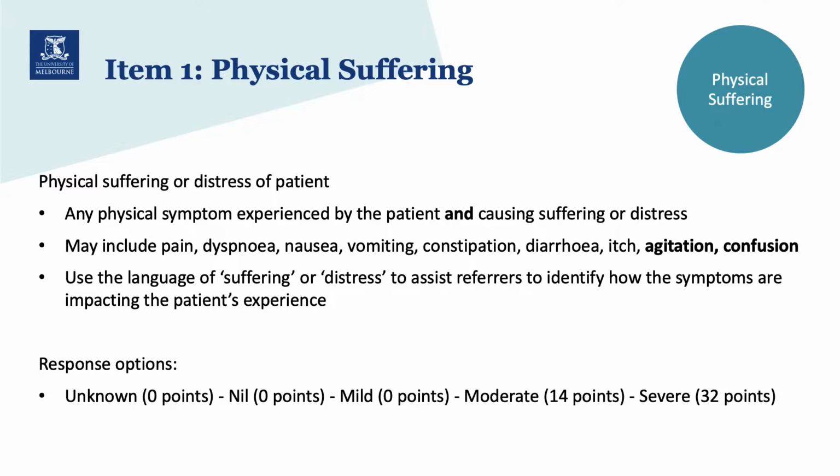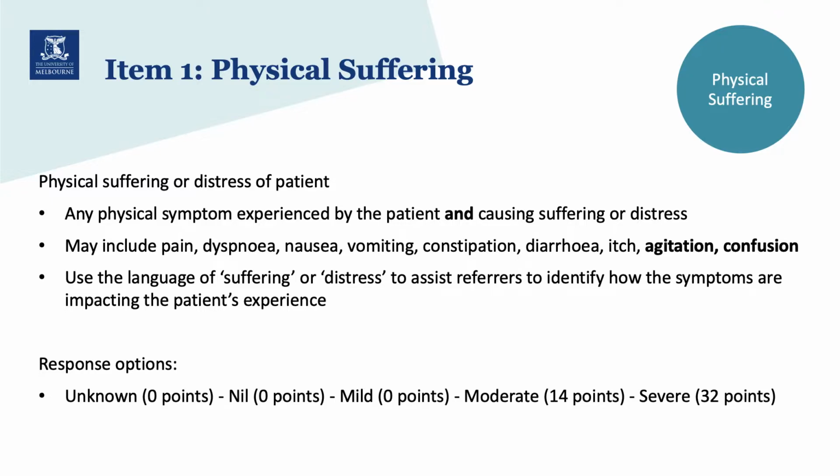The response options for this item are unknown, that you don't have any information about their physical suffering. Nil, that you're confident that you can make an assessment that they're not experiencing physical suffering. Mild, moderate and severe. So in mild, they might have symptoms that are generally well controlled. They might be using a few PRN doses of a medication for that symptom, and they're finding that relatively effective.